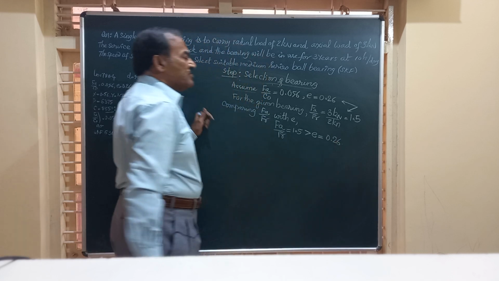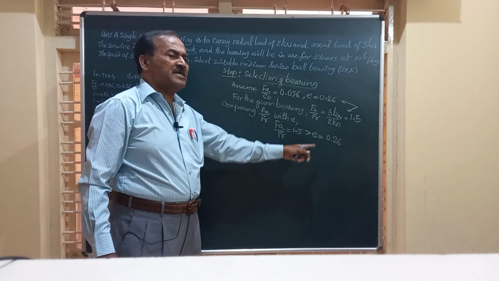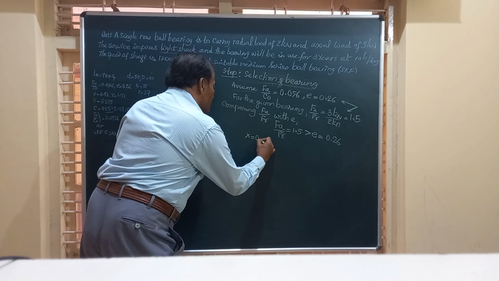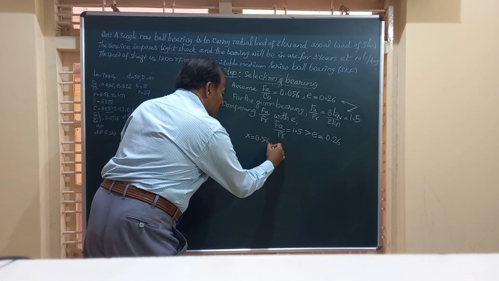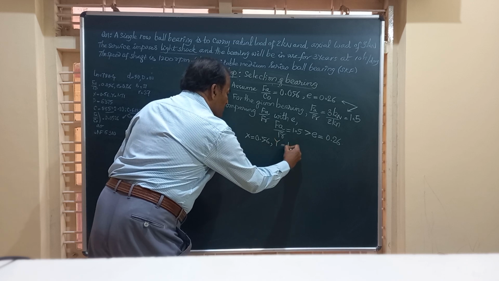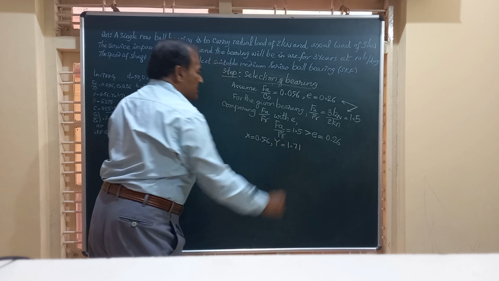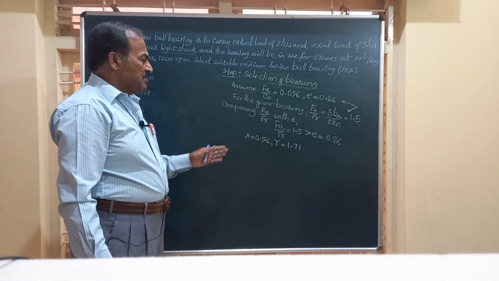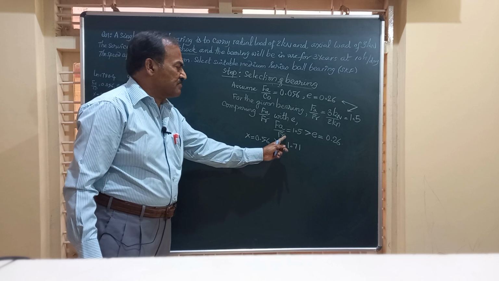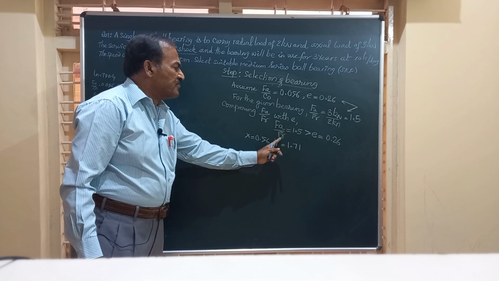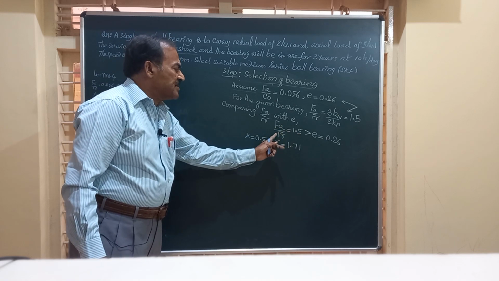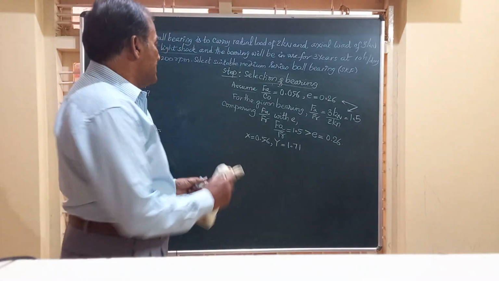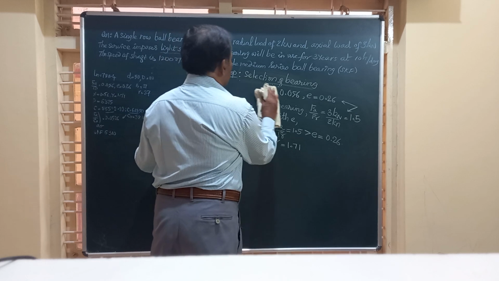So whenever this ratio is greater than E, we have x equal to 0.56 from the table and y equal to 1.71. So friends, these are the values of x and y based on this concept. When comparing FA over FR with E, we find the ratio greater and hence we get the values of x and y from the handbook.